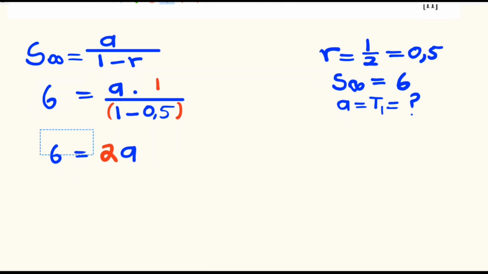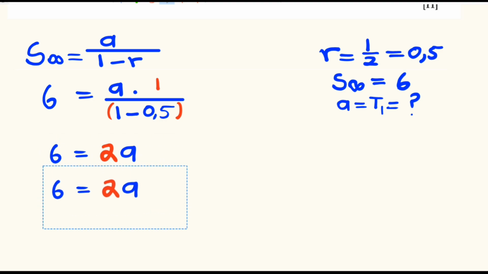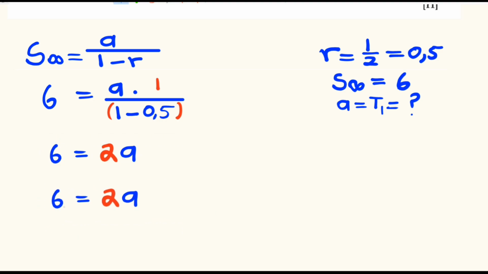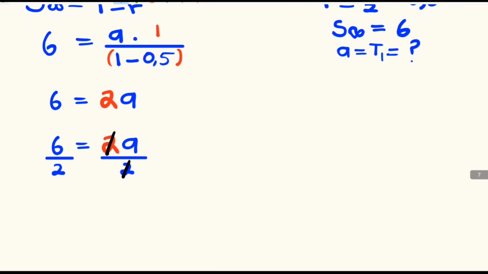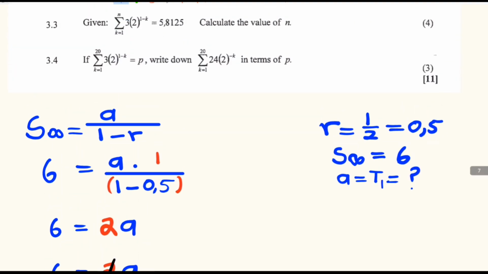And from here, we have to solve for a by dividing both sides of the equation by 2. And 2 divided by 2 is equal to 1. And 6 divided by 2 is equal to 3. So the value of a is equal to 3. So this will be our first term, or term number 1.